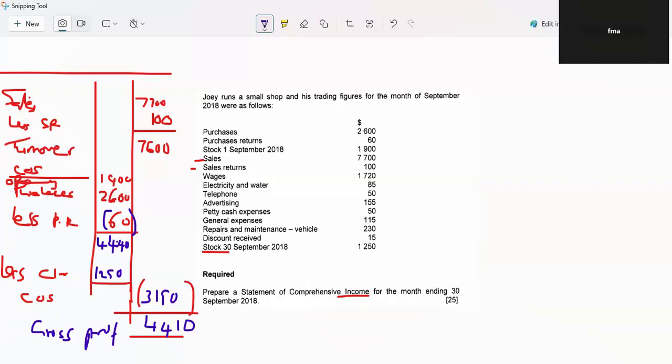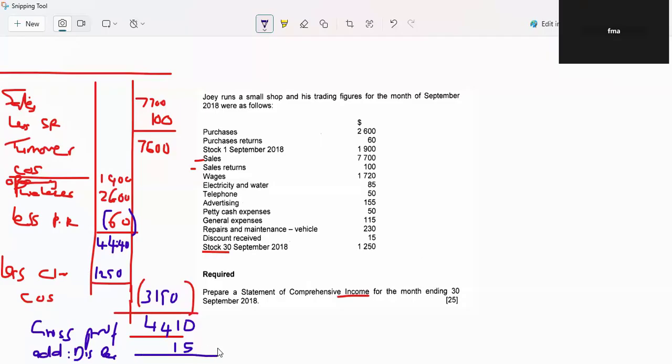Okay, 4,410. So now if there is other income, we can add it there. Do we have any other income? Discount received. Yes, discount received is 15.